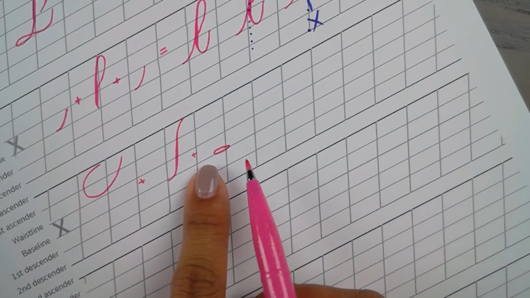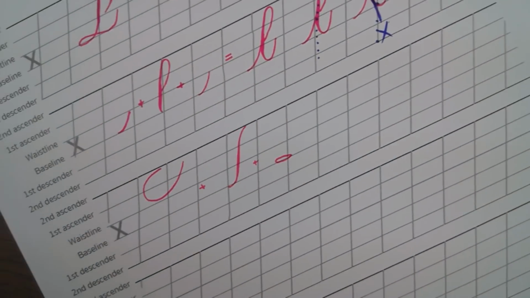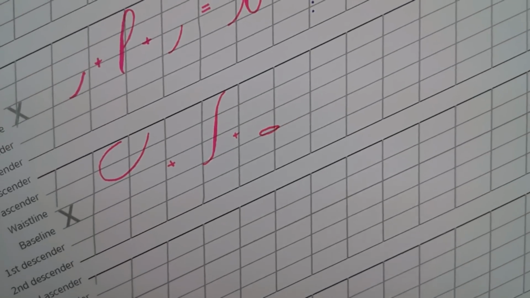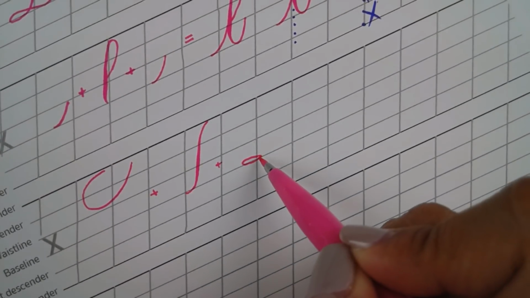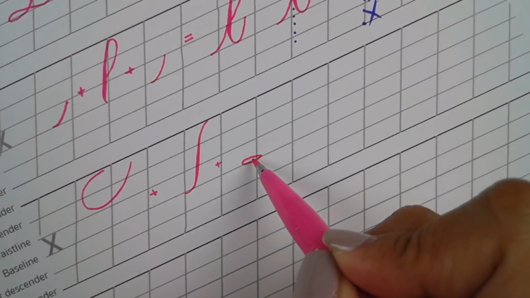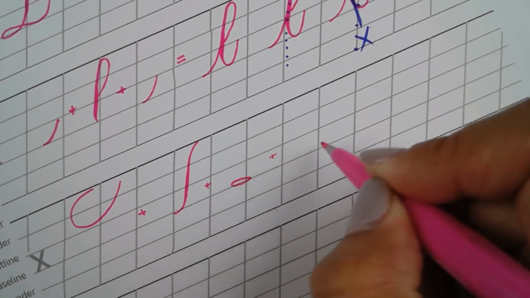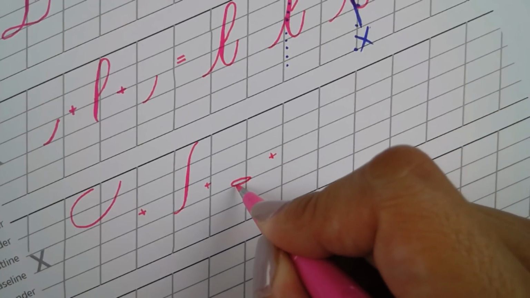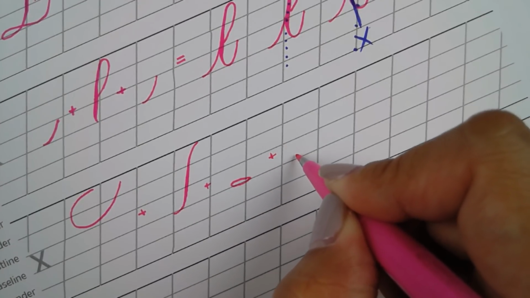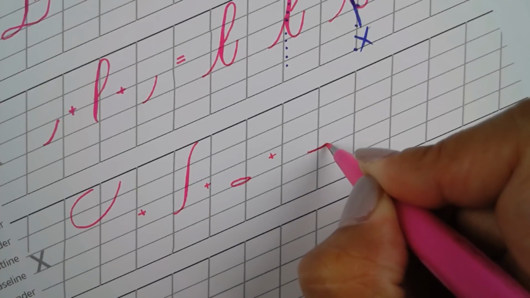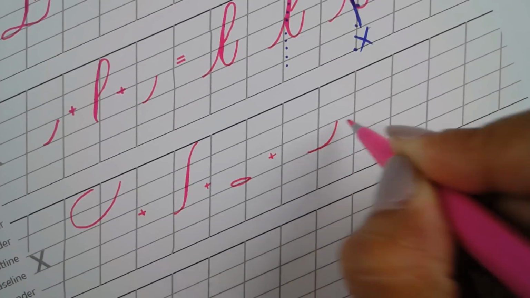Okay, this is really important because you not only want to have a good shape to that loop, but I'll show you in a bit when we put this all together. You want to make sure that it balances out with the rest of your letter L. So after this stroke here, it's going to look like this. You come out of there and then you finish with your exit.